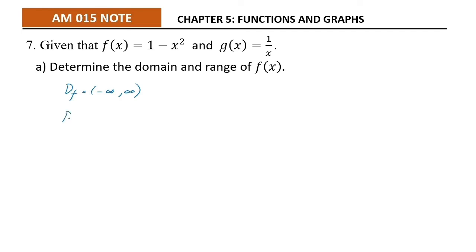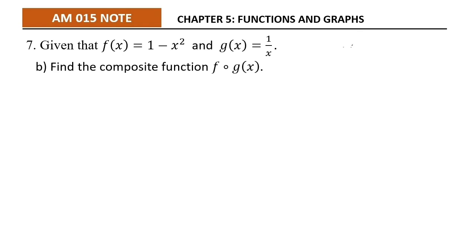Range of f, since this is negative x squared, the range starts from negative infinity up to the value of y equal to 1. Since b is 0, the highest point will be 1. Therefore, negative infinity to 1 included.